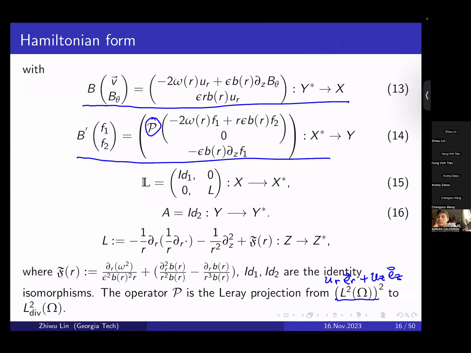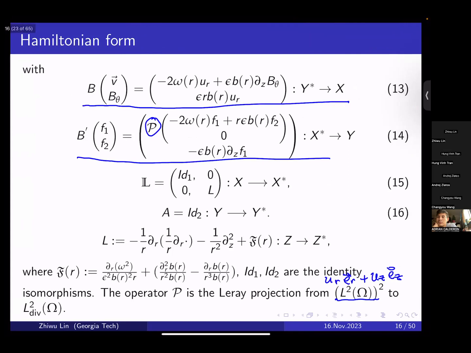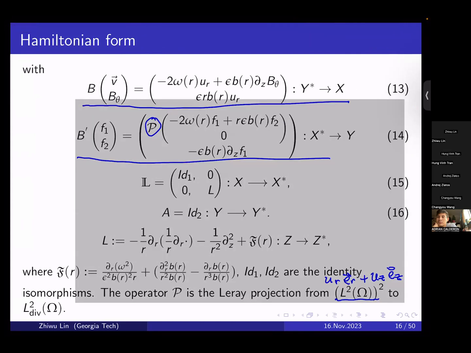Then we can define this operator B and the dual operator B prime, and the operator L here is also diagonal.